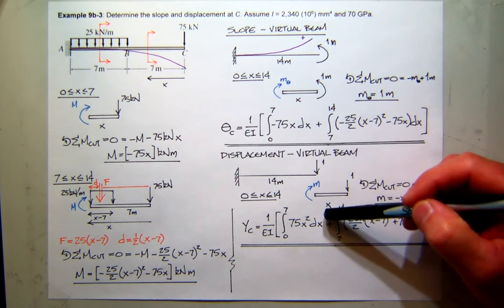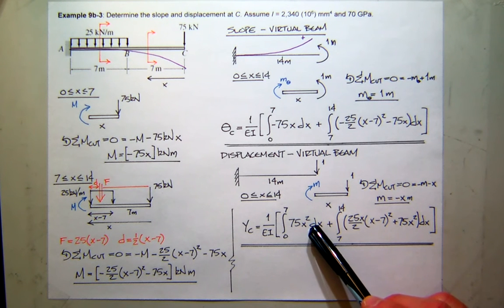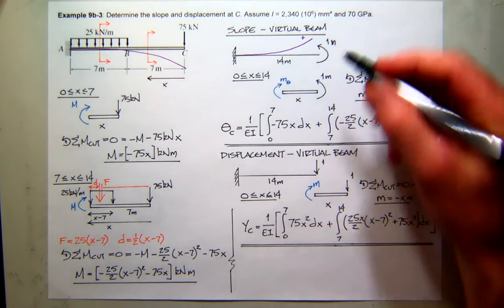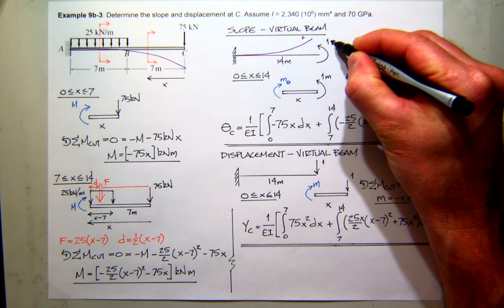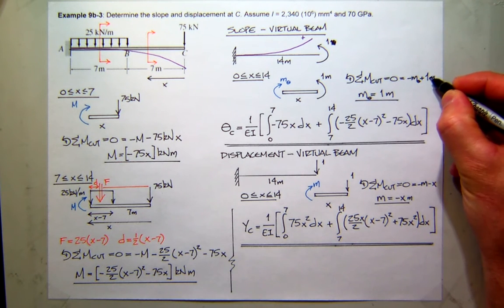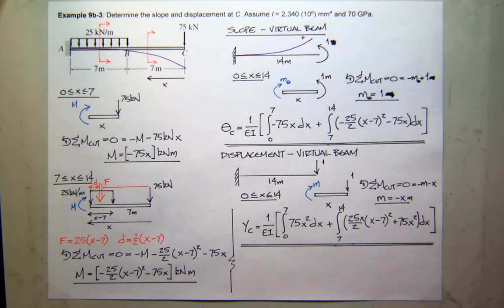It works out fine down here because right here you have kilonewton meters squared, and then you integrate it, you get kilonewton meters cubed. And when you divide by EI, you should be left with length. So this should be dimensionless. Sorry about that.